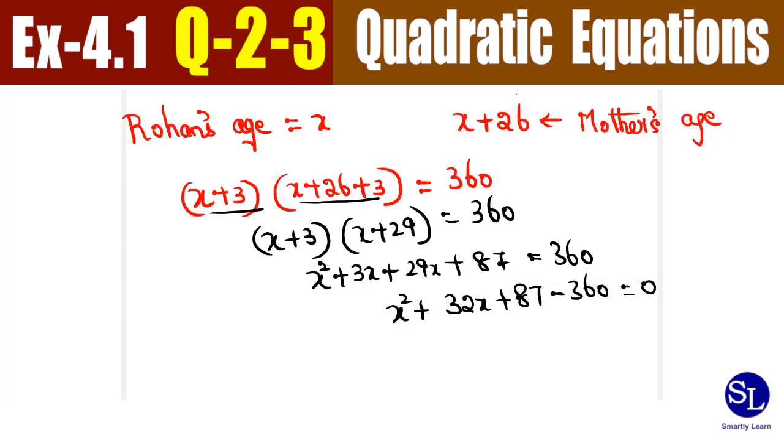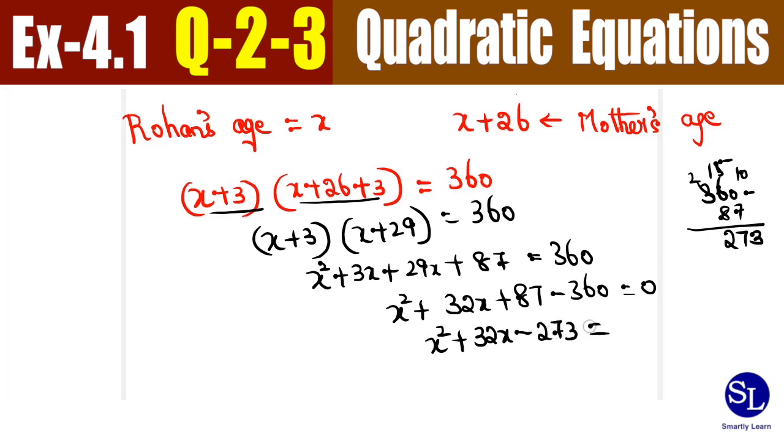Now let us simplify 360 minus 87, which is 273. So x squared plus 32x minus 273 is equal to 0. So this is the quadratic equation.